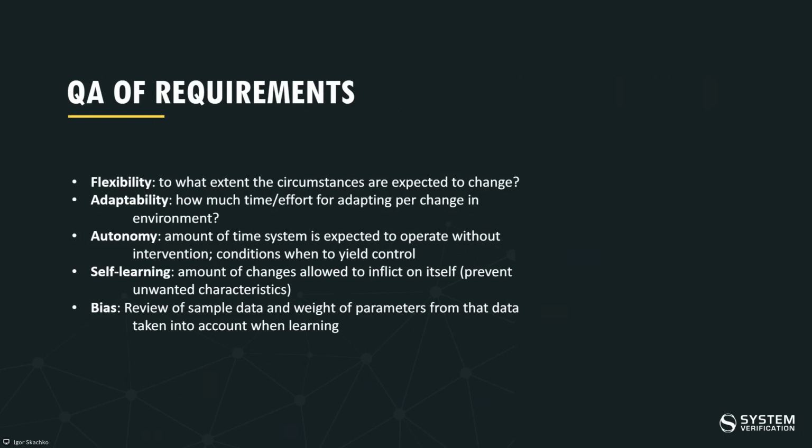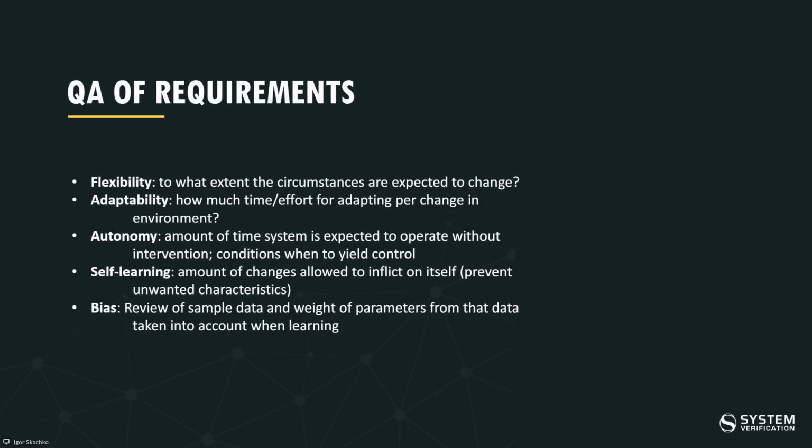Of course, we don't know how they will change, but what extent is plausible, and we think that after we cross the limits of that extent, the system should, for example, yield control back to the pilot.